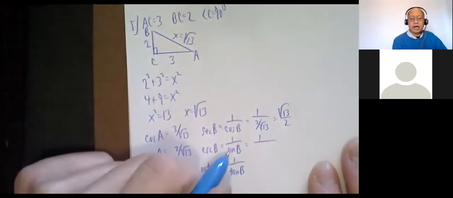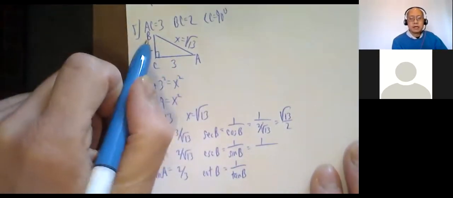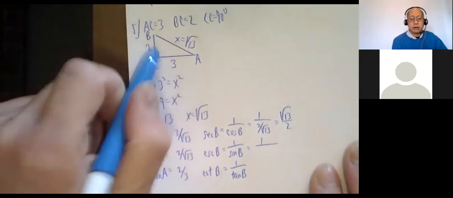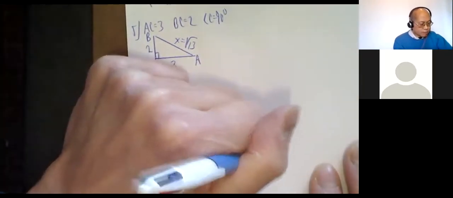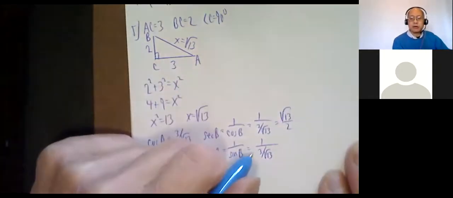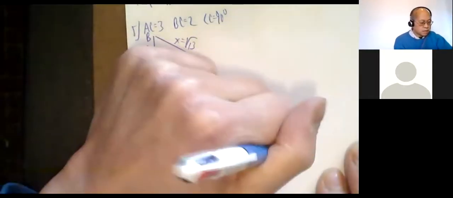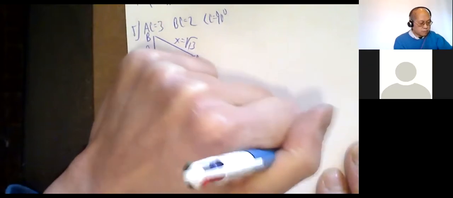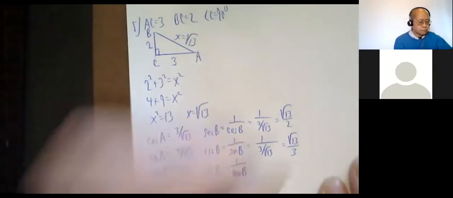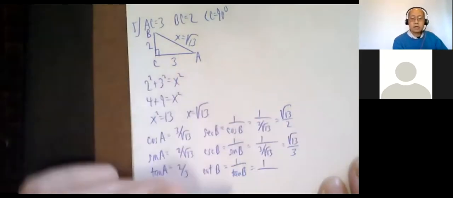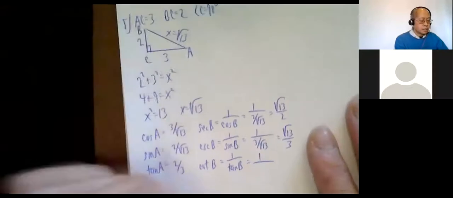1 divided by sine of B, opposite over hypotenuse. 3 over radical 13, reciprocal of 3 over radical 13 is radical 13 over 3. Tangent, TOA, SOHCAHTOA, right?